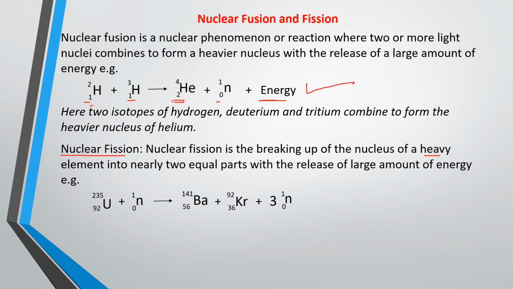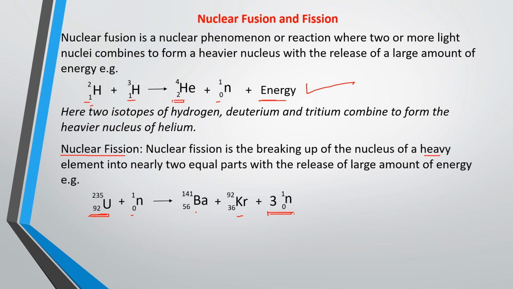Like here, uranium will decay or disintegrate in the presence of a neutron to give you barium and krypton with the release of 3 neutrons. So this is an example of nuclear fusion and nuclear fission.